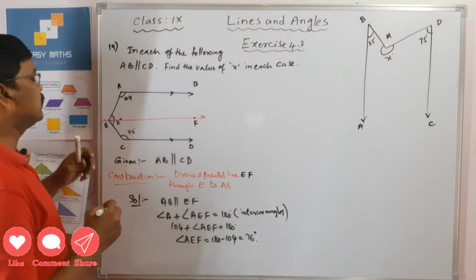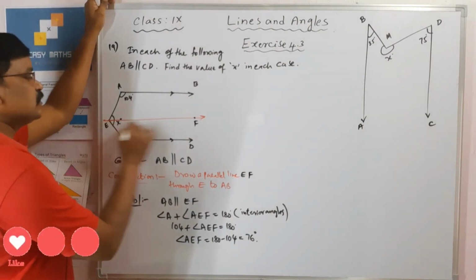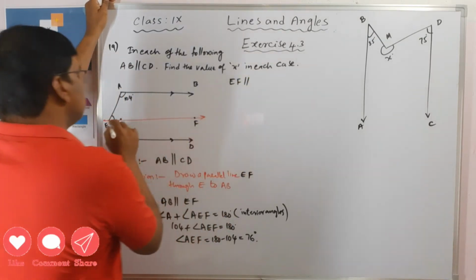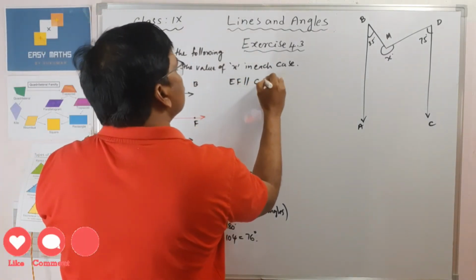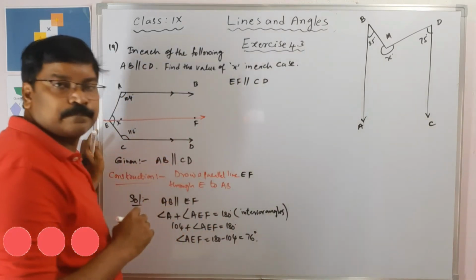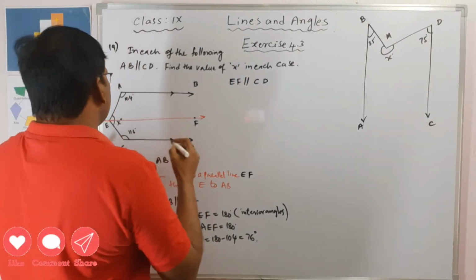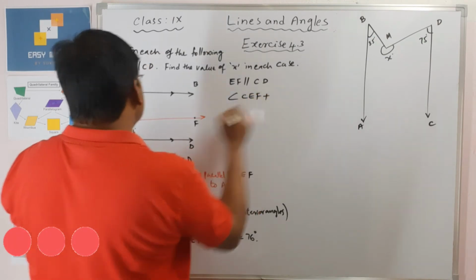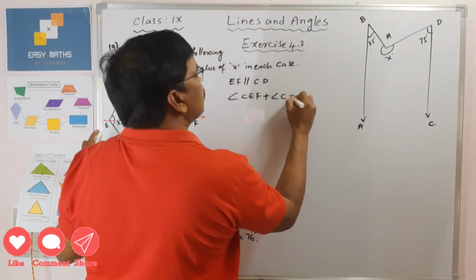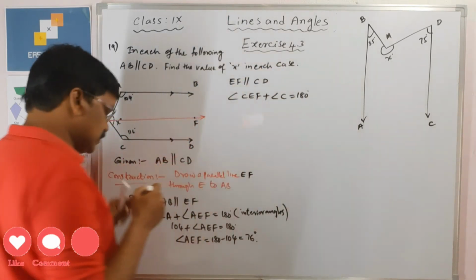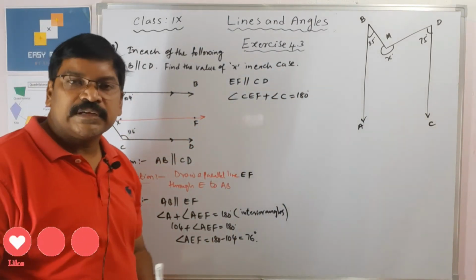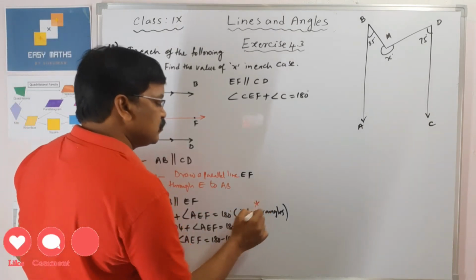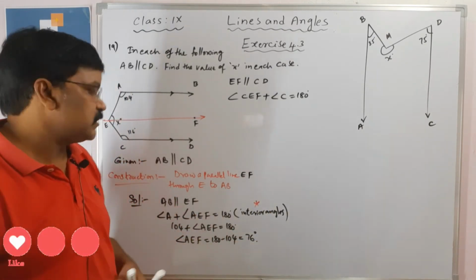Similarly, my dear students, here EF is parallel to CD. Now this angle CEF plus this angle C is equal to 180 degrees. The same reason: the sum of the interior angles on the same side of the transversal, we use this property only, right?